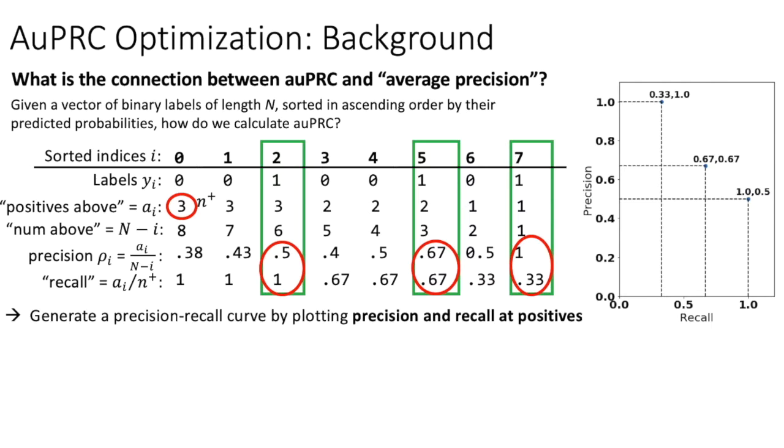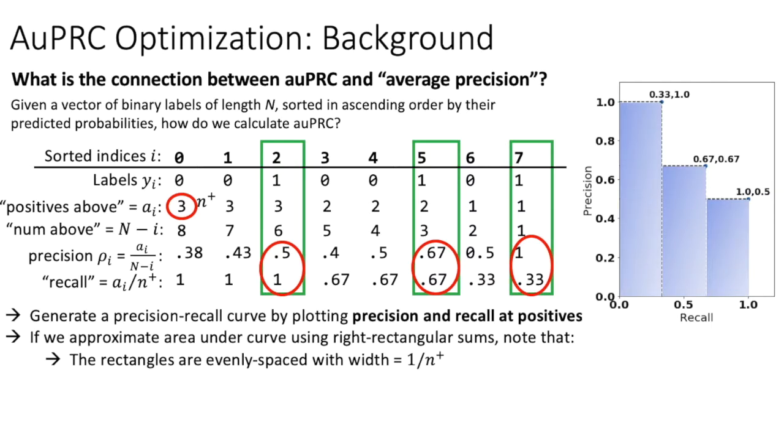If we now approximate the area under the curve using a right rectangular sum, note that the rectangles are all evenly spaced with width equal to 1 over the number of positives. Since the height of each rectangle is ρ_i, this means that the area of each rectangle is ρ_i divided by n plus.